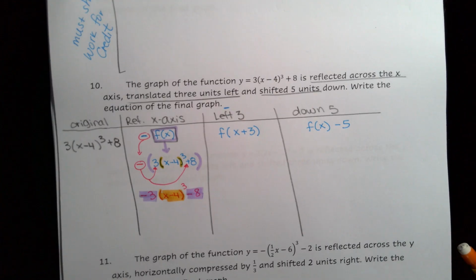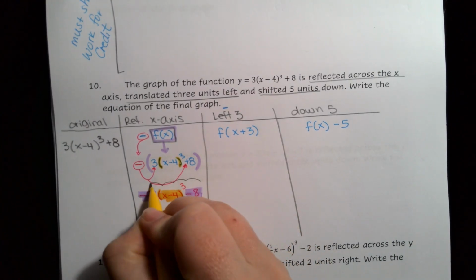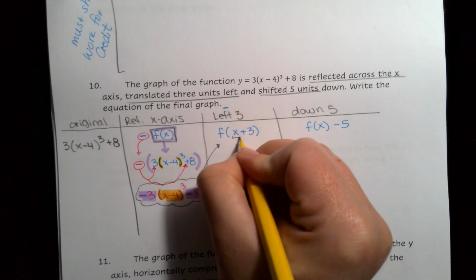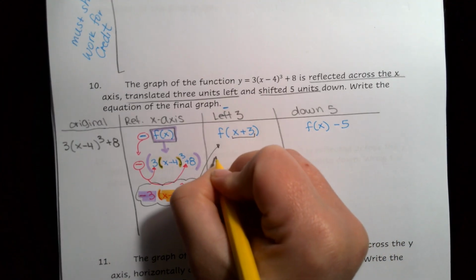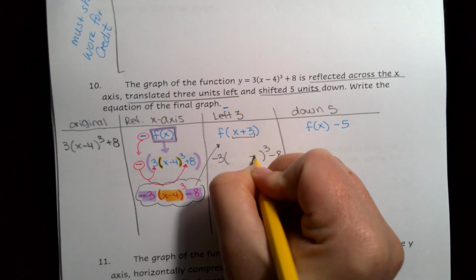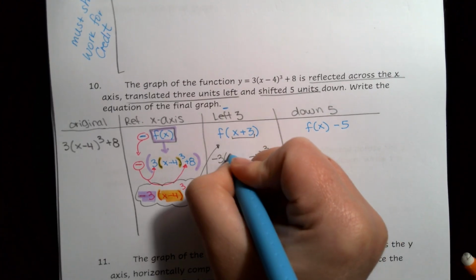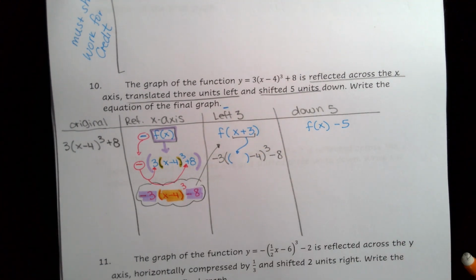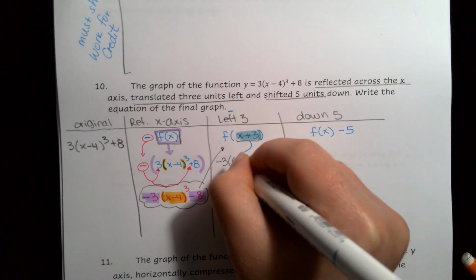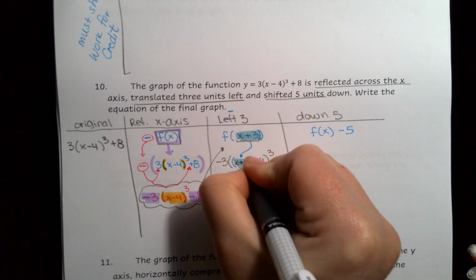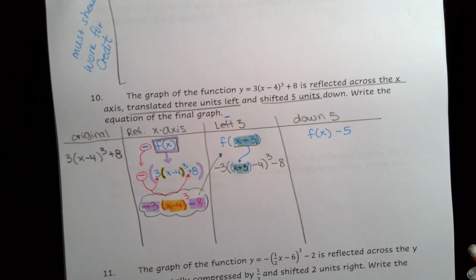Next, we are taking this transformed function, bring it up, and now I have an inside change. Now this inside change means I'm going to open up 4x. Here's my x value right here, and I'm going to take that x plus 3, and I'm going to put this x plus 3 inside. Inside with inside, outside with outside.